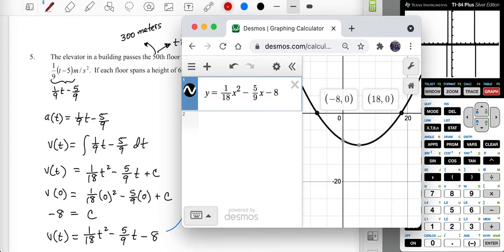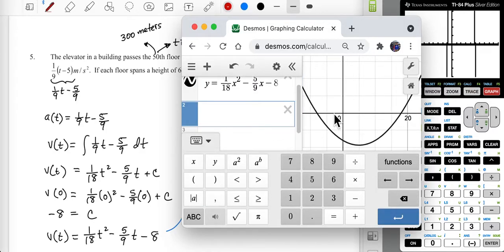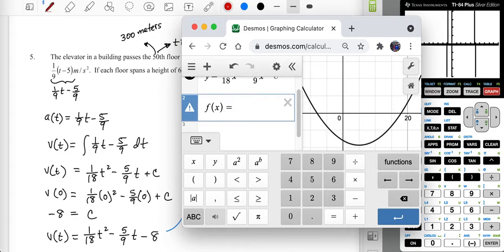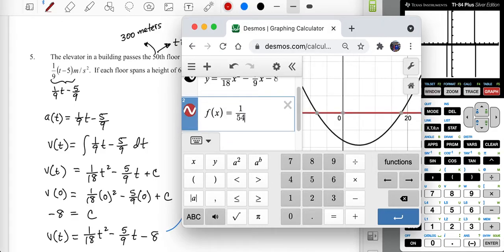So then what I would want to do is evaluate my position function for the 18. So more typing. What I'll do here is I'll put this in as a function of x: 1 over 54 x cubed minus 5 over 18 x squared minus 8x plus 300.